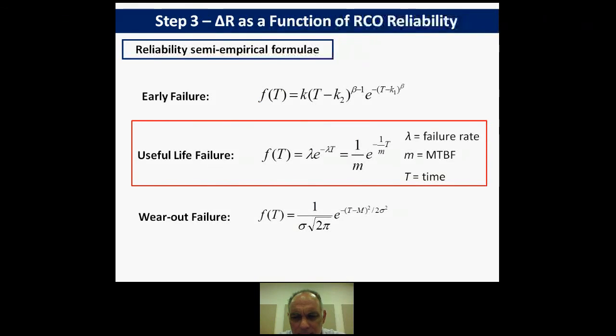Because in that case, if that's the probability density function, then the reliability of the system is e to the minus λt, where λ, as we said, is the failure rate, which is 1 upon MTBF.